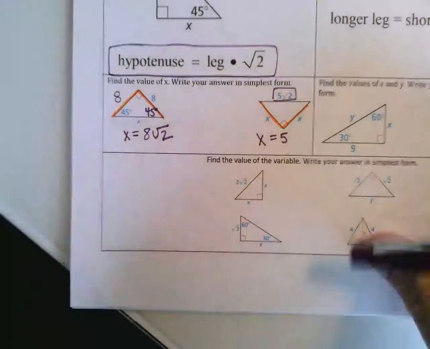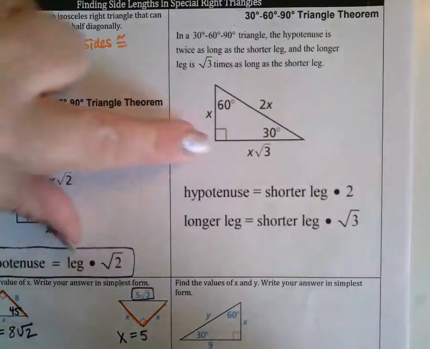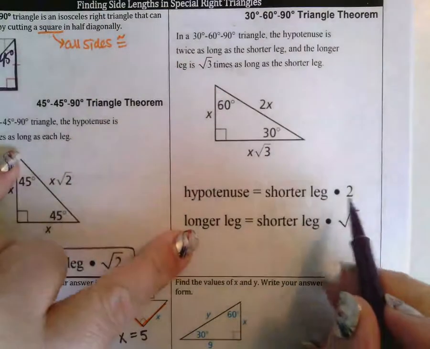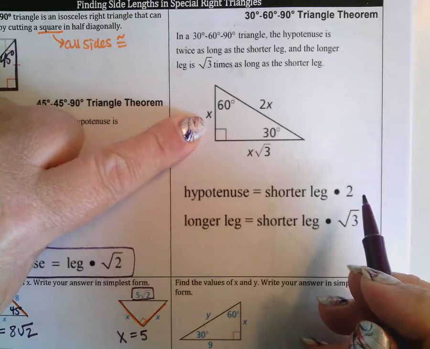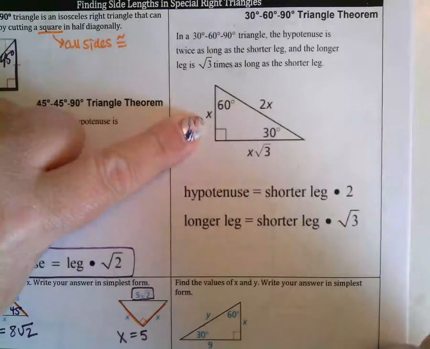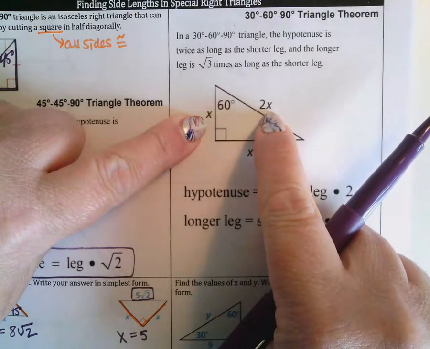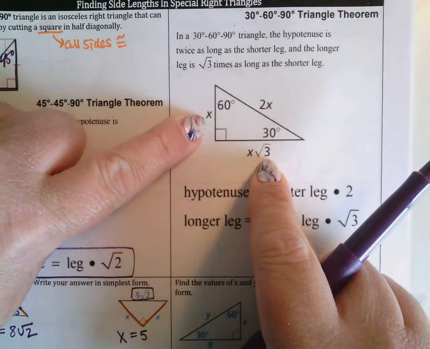Okay, looking at 30, 60, 90. If you take a look at the shorter leg here, it always has to do with just what your number is here. So it could be a 1, for example. This is going to be then 2 times 1 for the hypotenuse and 1 times the square root of 3 for the longer leg.